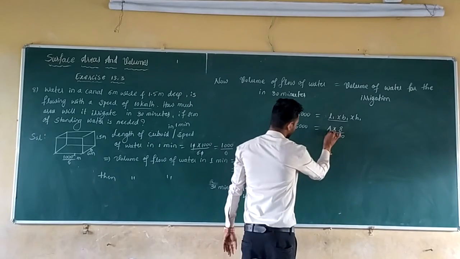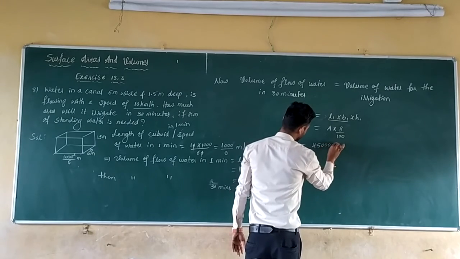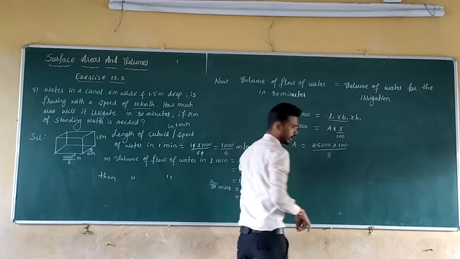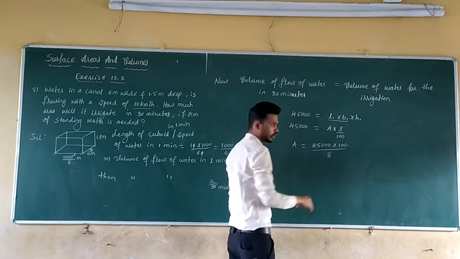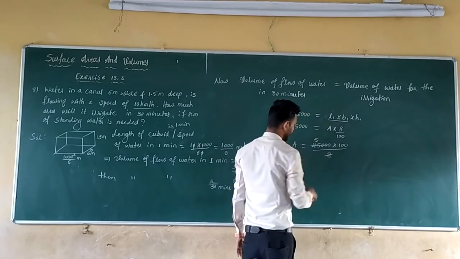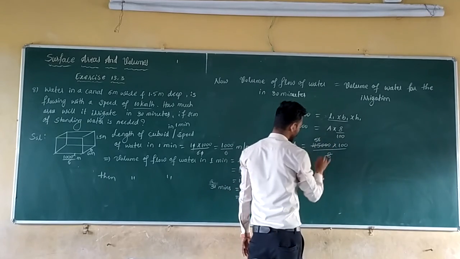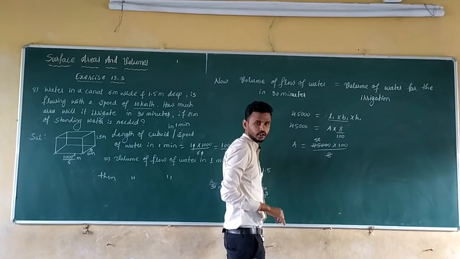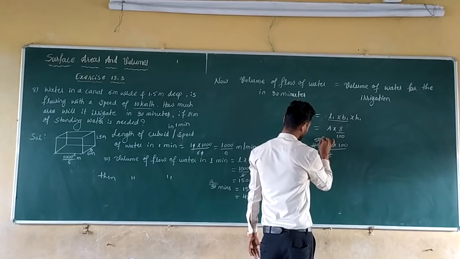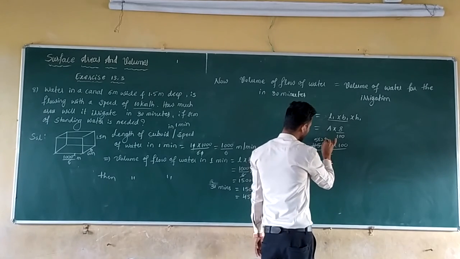So now the area equals 45,000 into 100 divided by 8. Take 100 to the left, that becomes multiplication, and 8 becomes division. So 8 ones are 8, 8 fives are 40, 5 remain 50, 8 sixes are 48, 2 remain 20. Next, here 20, 8 twos are 16, 4 remain 40, 8 fives are 40.